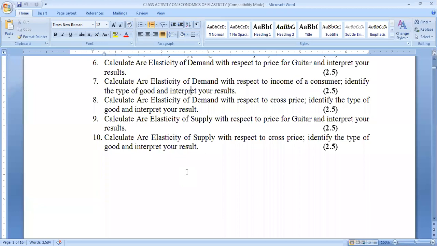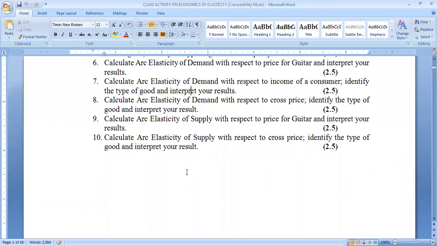If elasticity is to be found upon two or more than 2 points of a demand curve, then we will use the concept of arc elasticity of demand. And whenever we are looking to find elasticity at two or more than 2 points of a supply curve, then the concept will be called arc elasticity of supply, right?